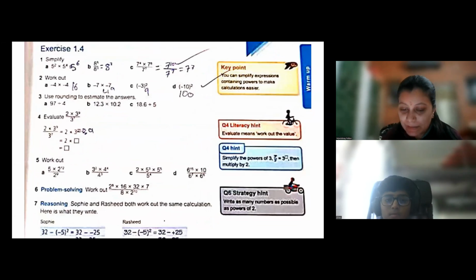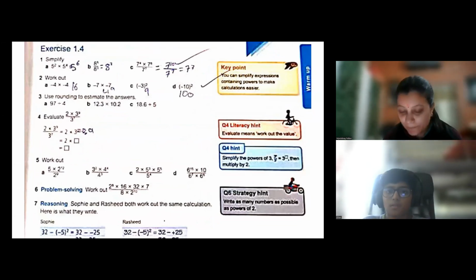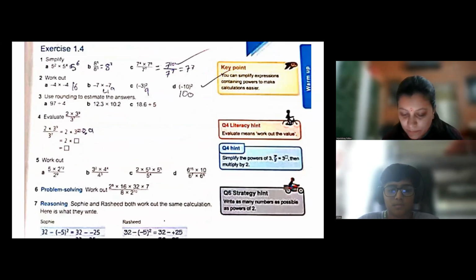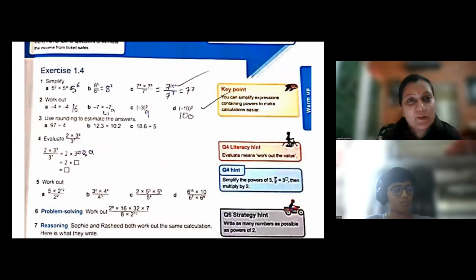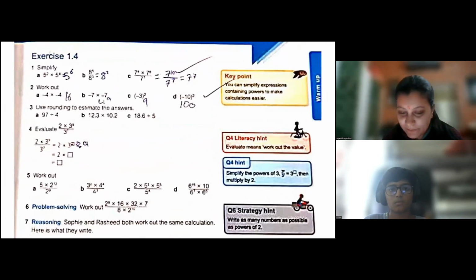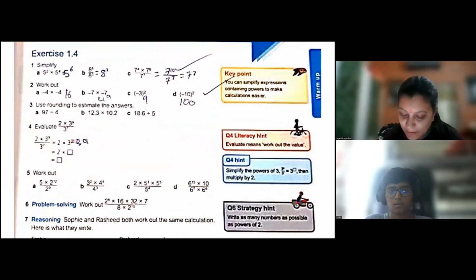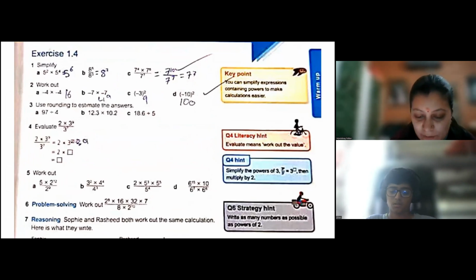And there are multiple operations, like multiplication and division, right? Let's do some of these questions. Some of which you have already solved. Let's revise it again. So these types of questions we'll see.